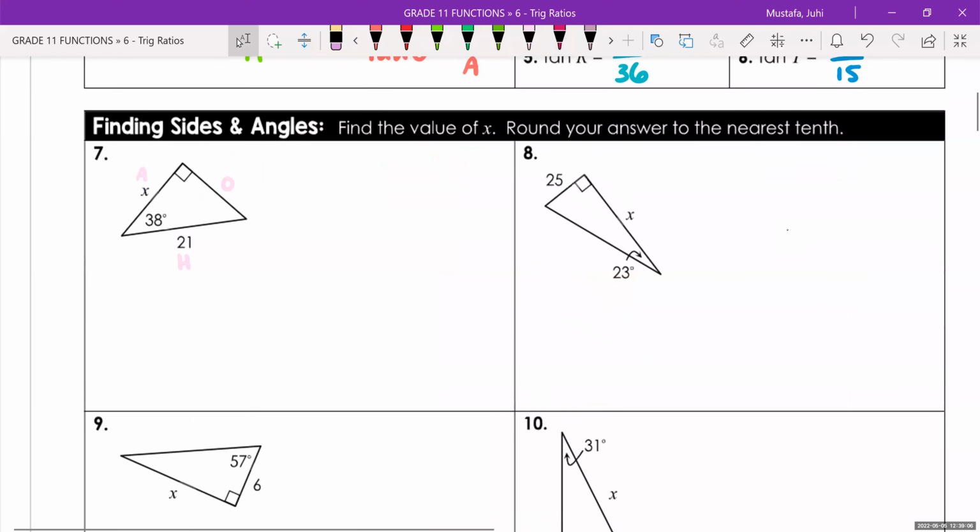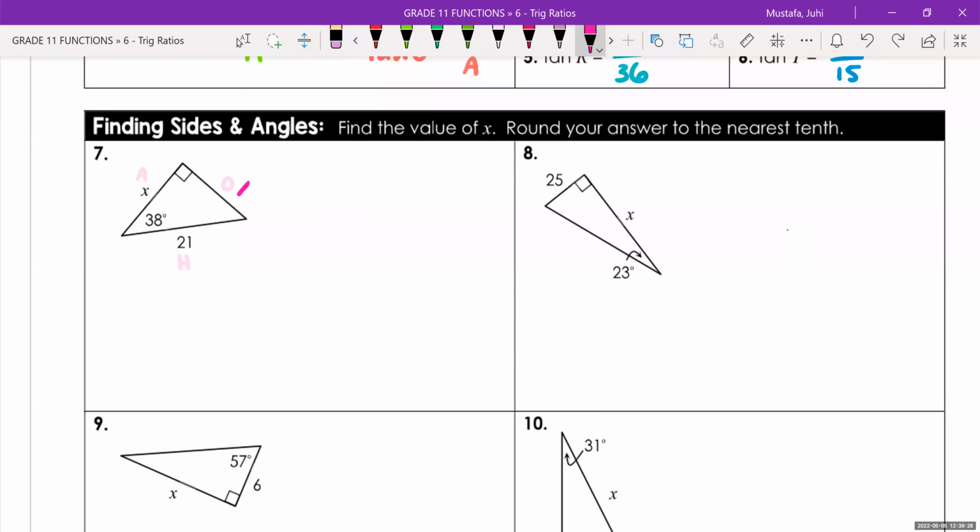So now in this question, we're trying to figure out the adjacent side length A, and we've been given the hypotenuse. So if you look at SOHCAHTOA, which one of those are we going to use? We don't have any information about the opposite side length. So right away, I can eliminate 2 of them. I can eliminate sine and tan.